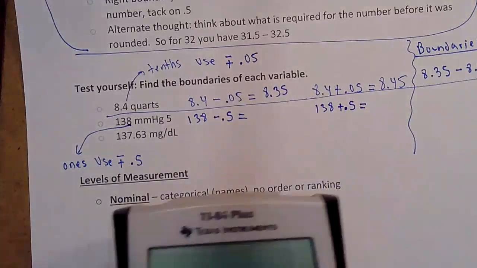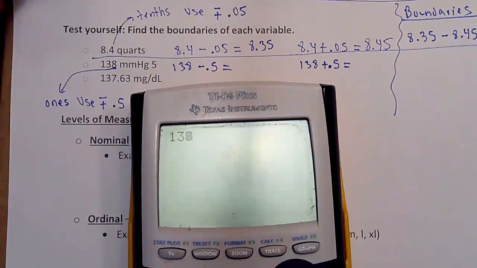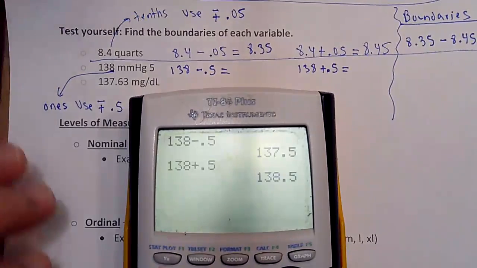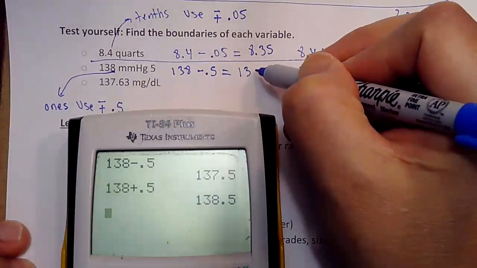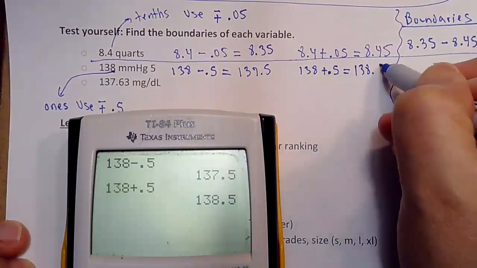Okay, let me get my calculator. So 138 minus 0.5, 138 plus 0.5. So 137.5, 138.5.